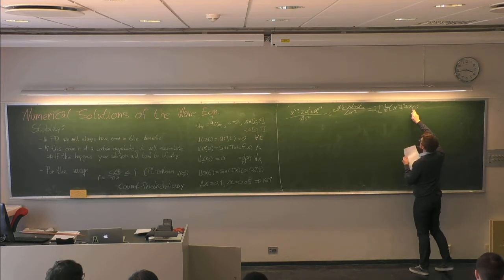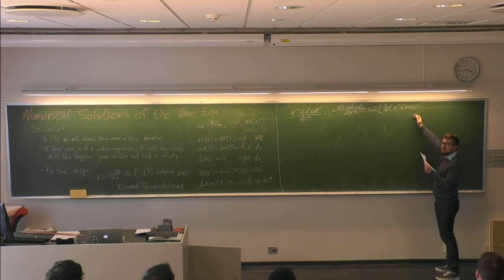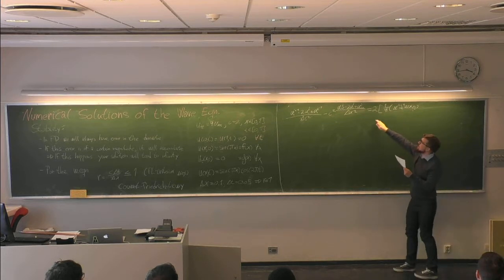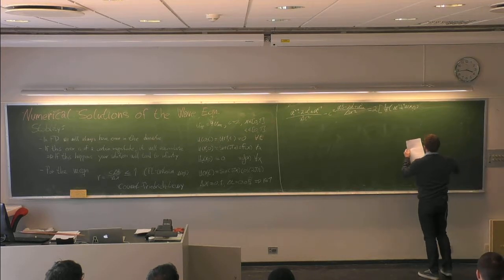Now usually you see a mu here, but since I'm now including all of the terms, I don't need this mu. I can just evaluate it at the point, because then this equation will still be upheld.